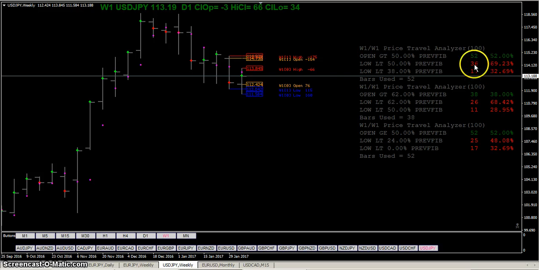So once again, for those who like the fib numbers, you can see here it went down 69% of the time that it crossed the 50% fib, went below it, and it actually went below the 38% fib 32 of those times.